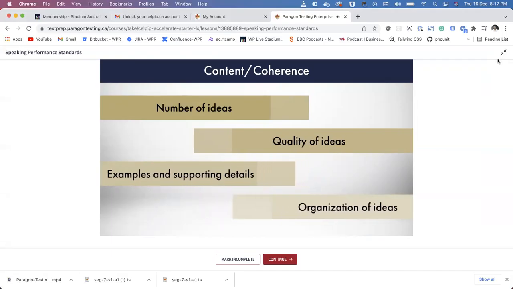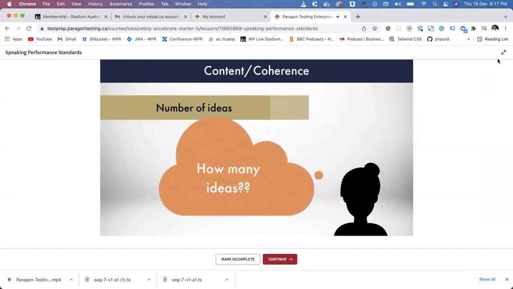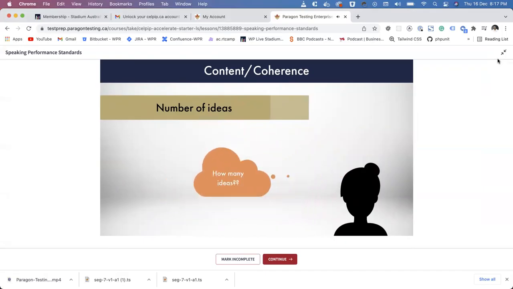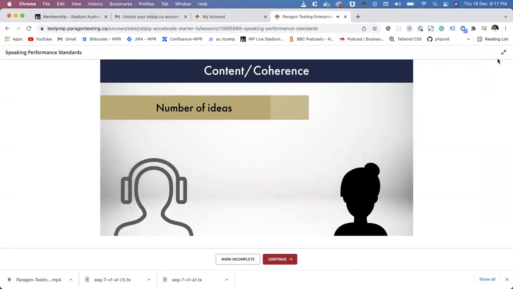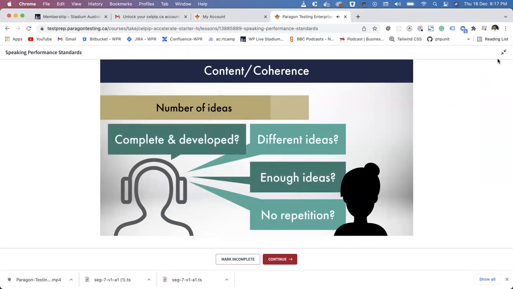When a test taker hears number of ideas, they often want to know, how many ideas should I have? Well, there's no answer to that question because raters never count how many ideas there are in a response. What they do think about is whether all of the ideas are different, that there is little or no repetition of ideas, and whether there are enough ideas that the response feels complete and developed.